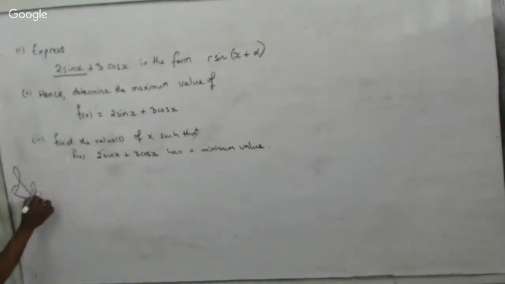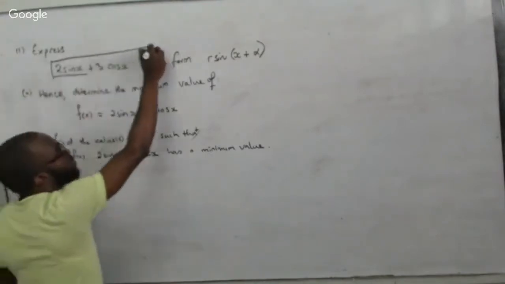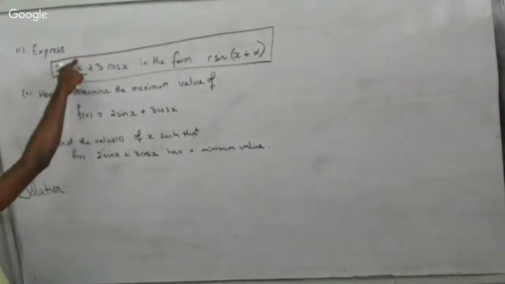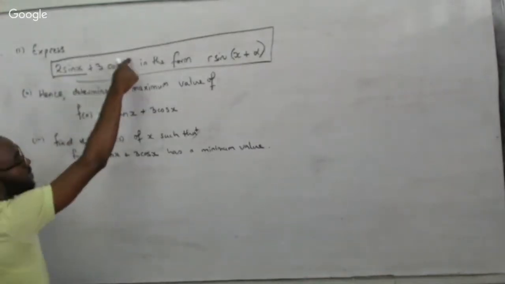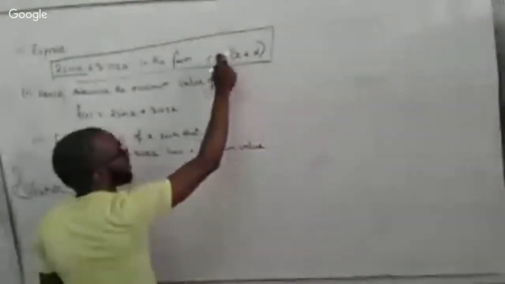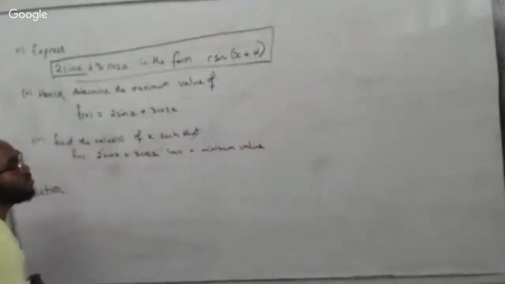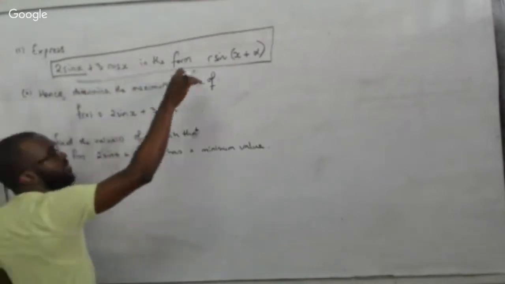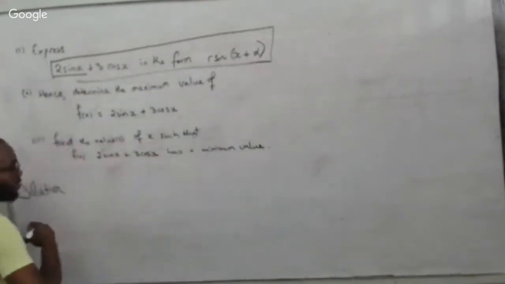So this is a question that Mr. K could ask. This SS style question. How do I answer any question that asks me to put a sine of an angle plus b cosine of that same angle in the form r sine or r cosine (x plus alpha)? Because they tell me that it is in the form of that, it means at some point they are equal.